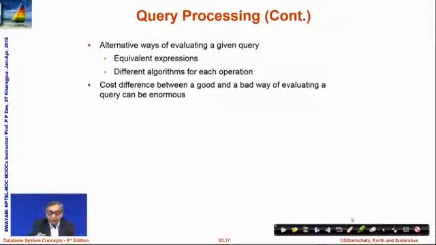You have seen similar concepts in normal programming languages also. For example, for sorting, there are several ways to sort, and some are not as efficient. Similarly, a query needs to be evaluated, and the cost between good and bad ways needs to be figured out.